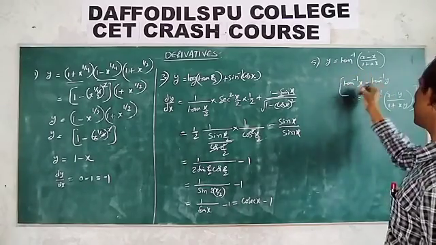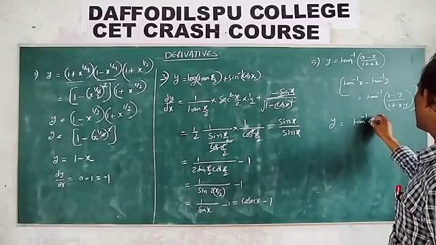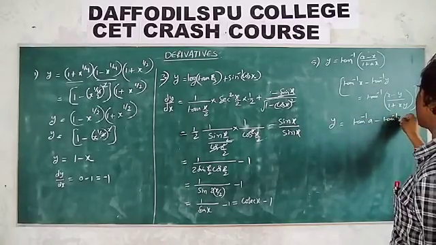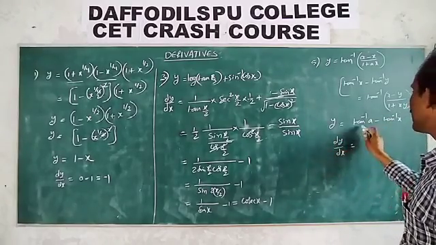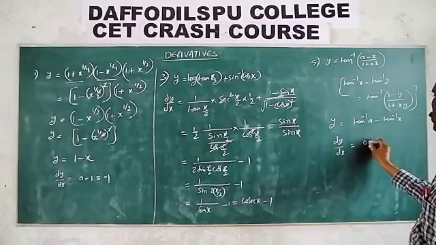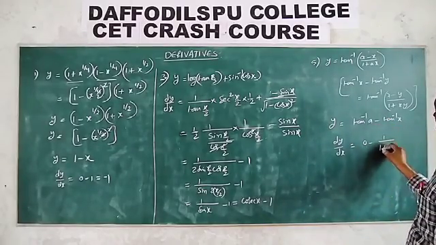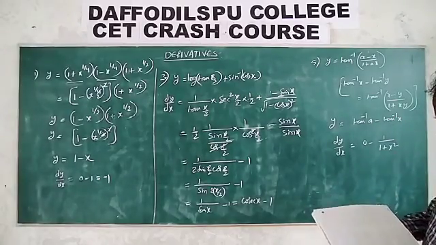So use this formula: that is tan inverse a minus tan inverse x. So dy by dx: tan inverse a is a constant, so 0. 0 minus derivative of tan inverse x, 1 by 1 plus x square. So minus 1 by 1 plus x square is the third option.